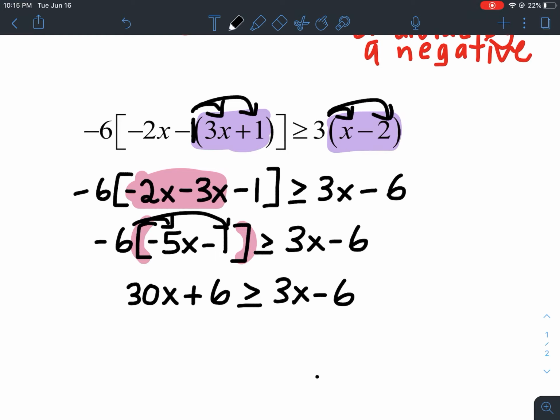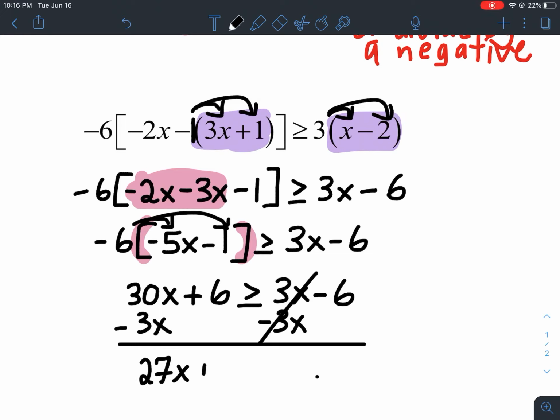And now, just like with equations, I need to get all of my variables to one side. This is where you definitely want to move the smaller one to the other side. So I'm going to get rid of the 3x by subtracting it. 30x minus 3x is 27x.